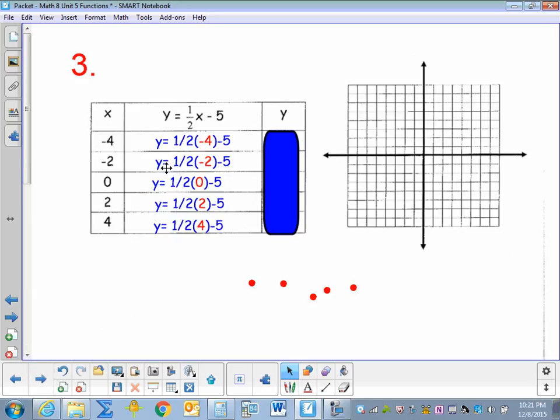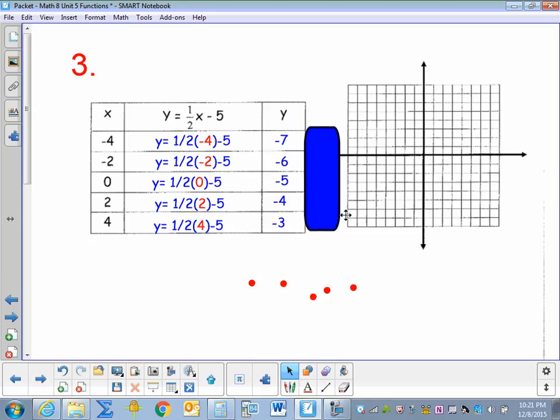Okay, number 3, we have the function y equals 1/2 x minus 5. So go ahead and calculate the y values, or the range of that function. And our range is -7, -6, -5, -4, -3.